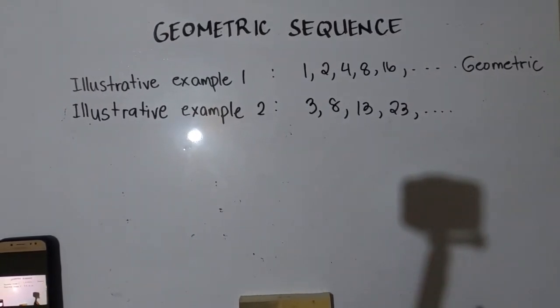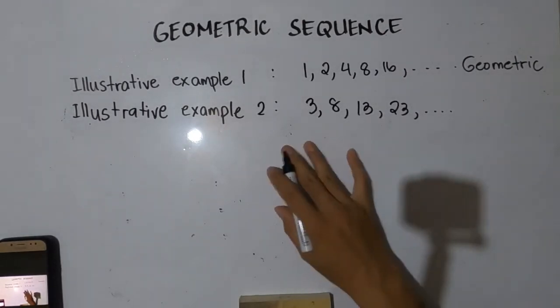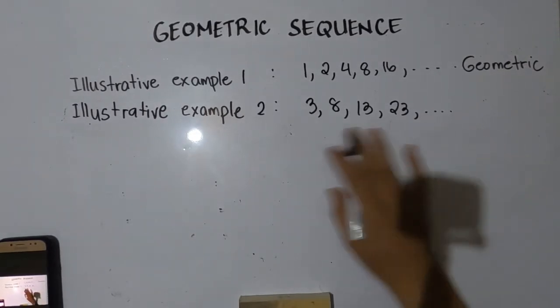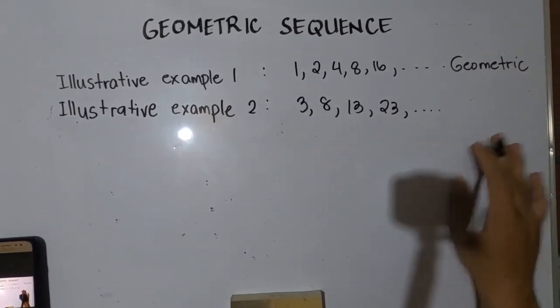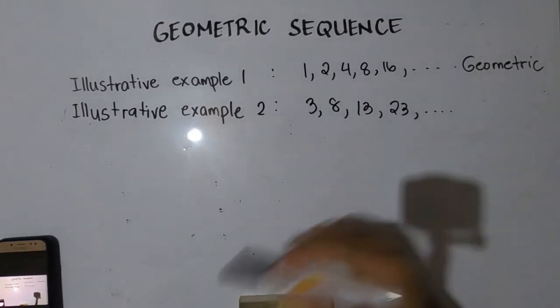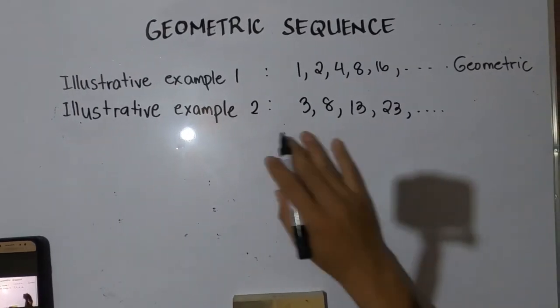Again, in order for us to verify that a sequence is geometric, there should exist a common ratio in the sequence. So let's try to verify whether the sequence is geometric by determining whether a common ratio exists.